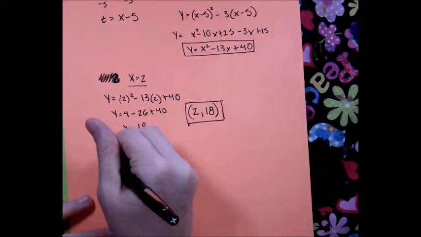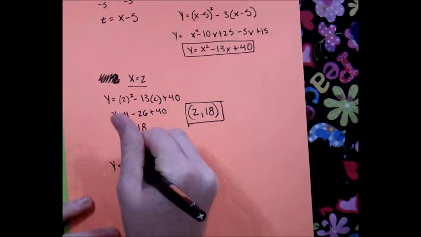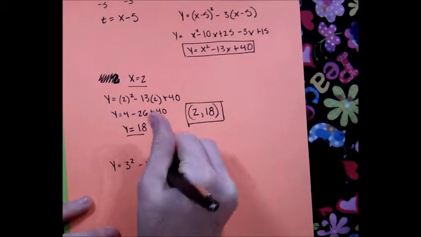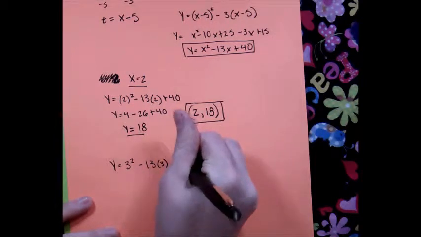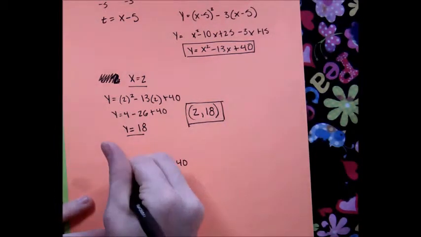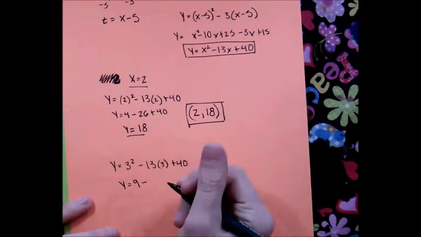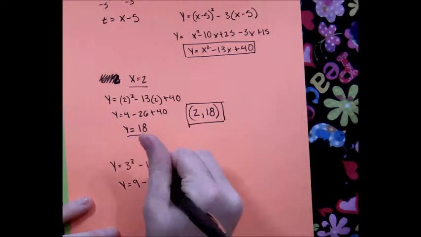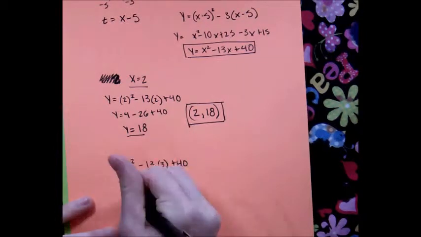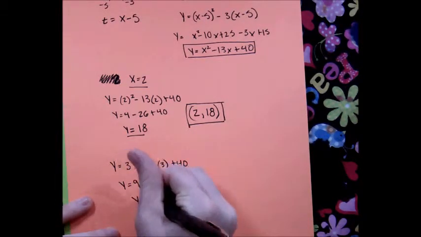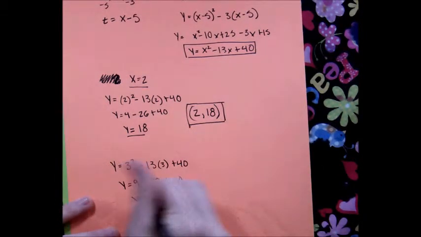We're going to do another example, doing the exact same thing. We're going to use the point 3, 10. We already have the equation solved, which is y equals x squared minus 13x plus 40. So all we're going to do is plug 3 into that. So we're going to have y equals 3 squared minus 13 times 3 plus 40.